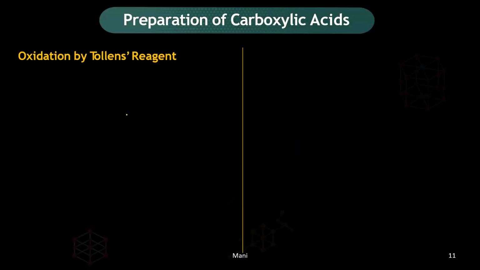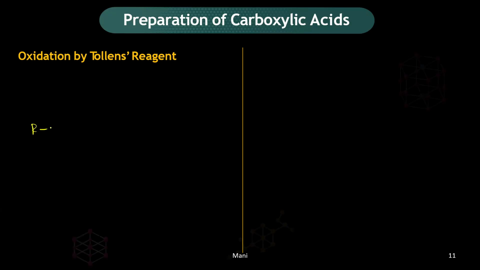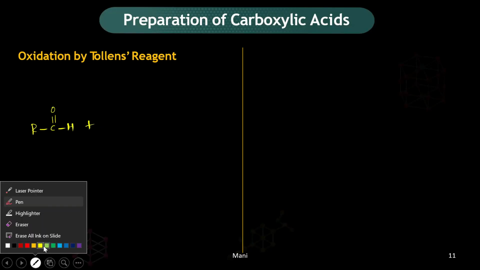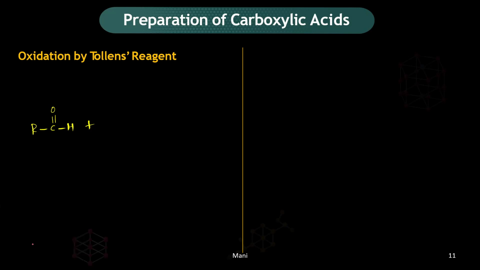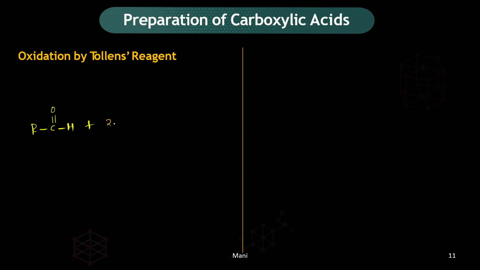Let's see oxidation by Tollens reagent. RCHO, which is an aldehyde. Can someone say what is Tollens reagent? It is 2 Ag(NH3)2 plus. Please guys read.